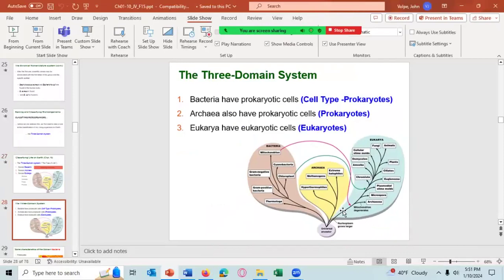All right. Your textbook breaks the bacteria, the archaea, and the eukarya into different cell types. The bacteria have a prokaryotic cell. The archaea also has a prokaryotic cell, and the eukarya has eukaryotic cells. Now, your textbook gives this the cell type, but some authors call it a superkingdom, meaning the superkingdom would be prokaryotes, and then the other superkingdom would be eukaryotes.